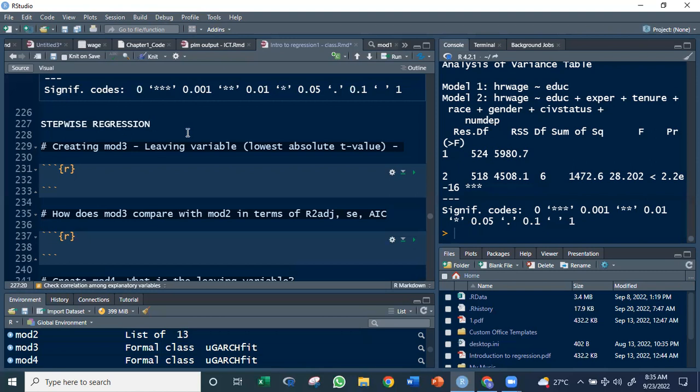In particular, ang ginagawa natin dito is backward, kasi dalawang klaseng stepwise regression, may forward at saka backward. Ano yung backward? Sa backward, we first do a regression model which includes all the variables, and then iisa-isa natin tatanggalin yung mga hindi significant.